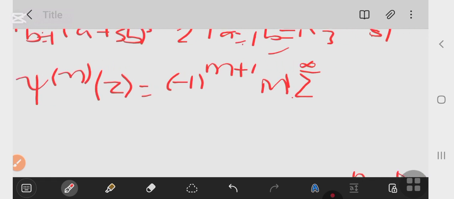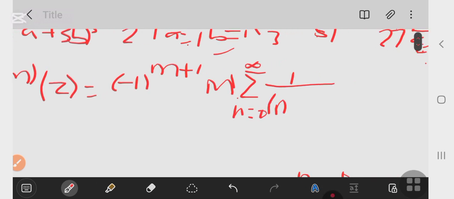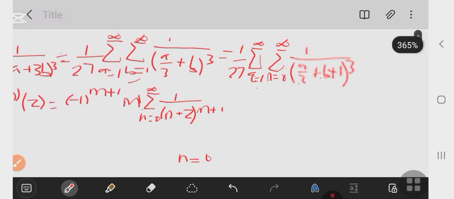Yes, we already knew before that Polygamma m of z is equivalent to minus 1 to the power of m plus 1 times m factorial all over the sum to infinity of n from 0 all into 1 over n plus z to the power of m plus 1. Okay, now something is happening here.